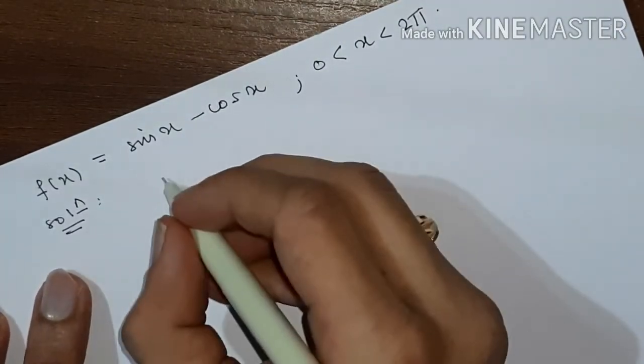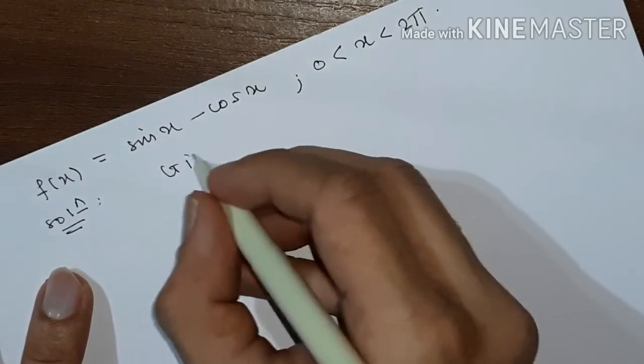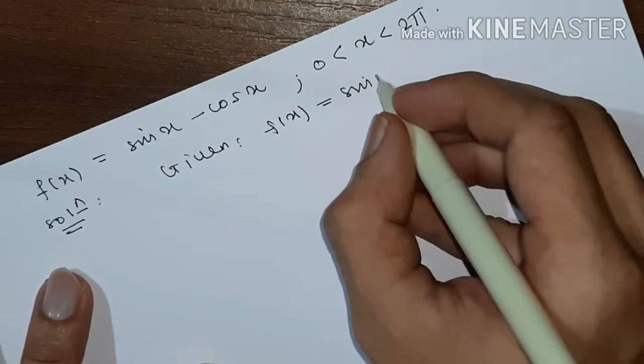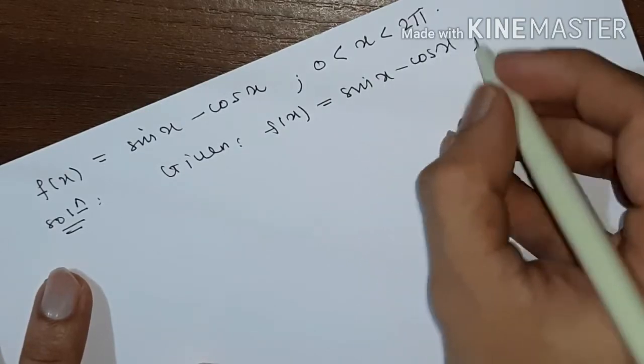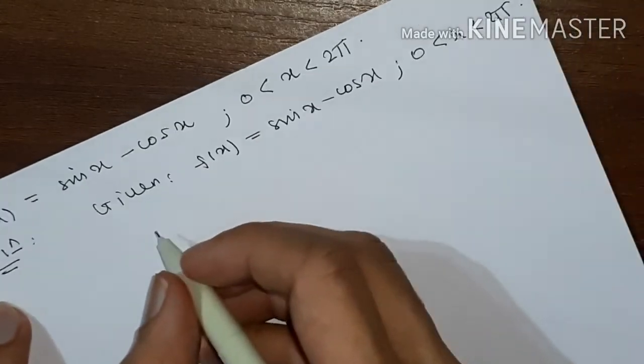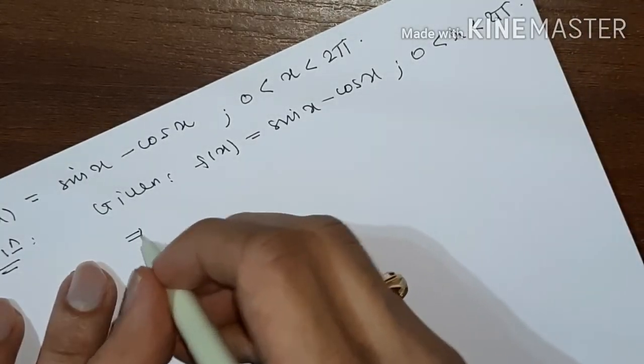So what is the first step? You write what is given. Given is f of x equal to sin x minus cos x, where 0 is less than x less than 2 pi, okay.